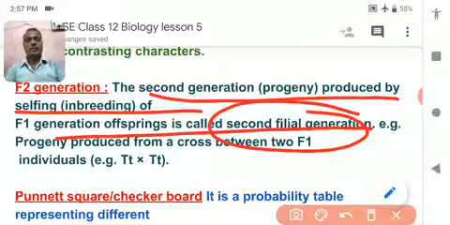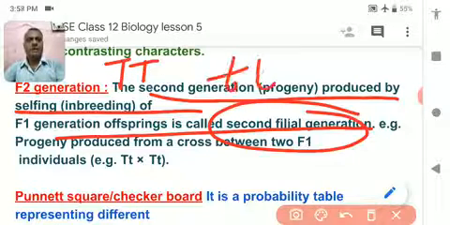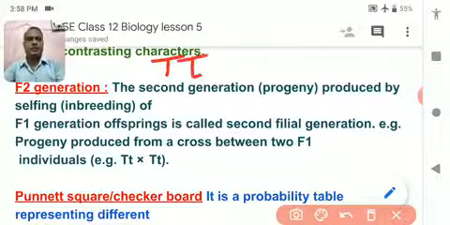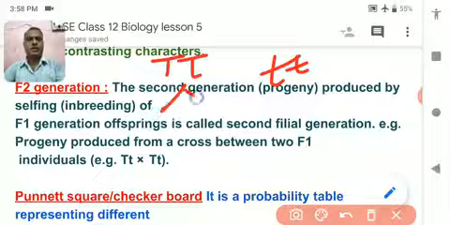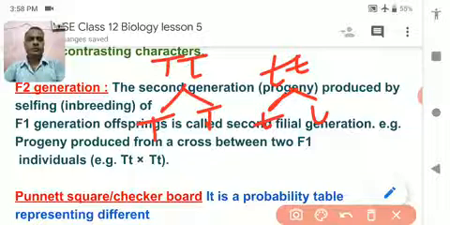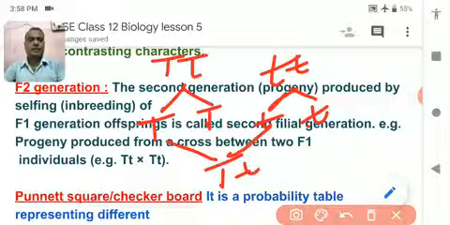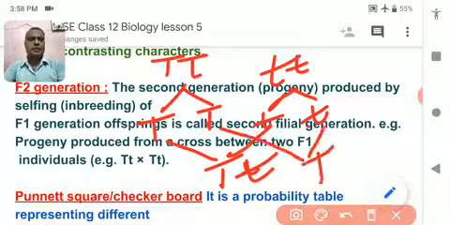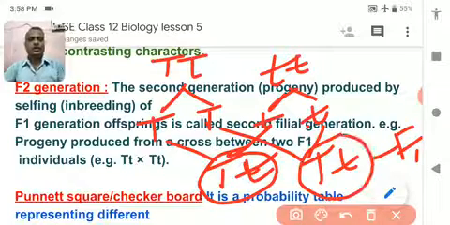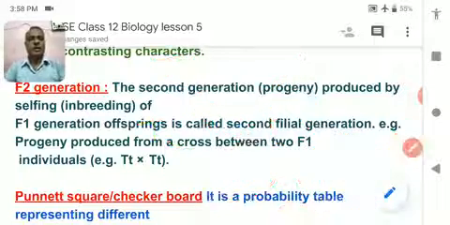Suppose this is one parent, capital T, and this is small t. They are crossed. They give the child capital T small t. This is the F1 generation.